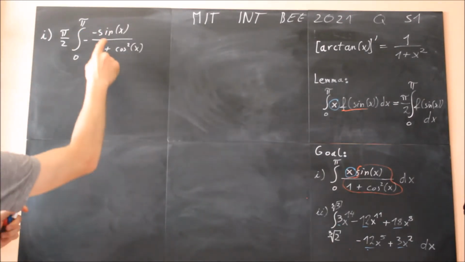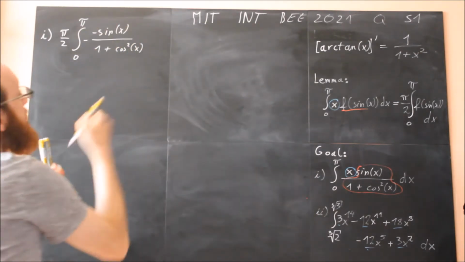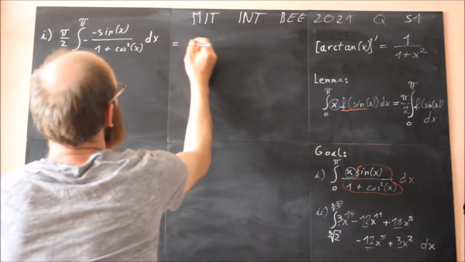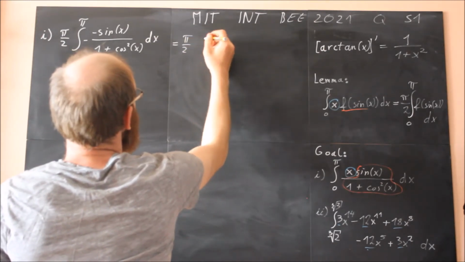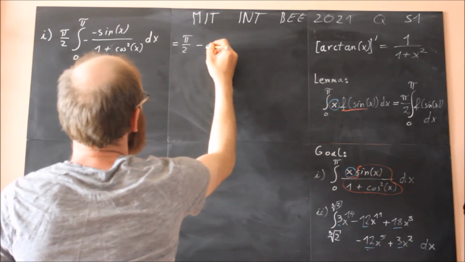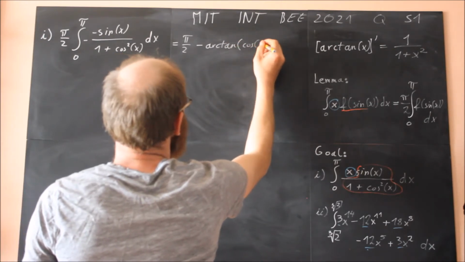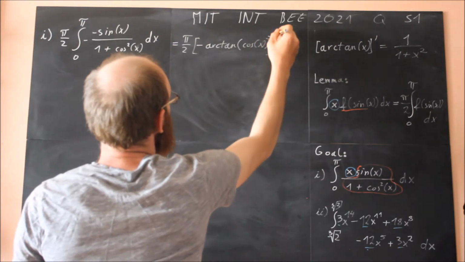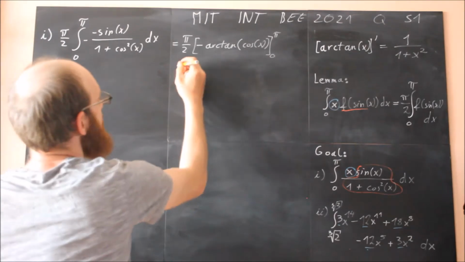So we see that minus sine is the derivative of the cosine, so here's an inverse tangent going on, and this leads us immediately to pi over 2 times minus inverse tangent of cosine x from 0 to pi. And if you evaluate this, I leave that to you.